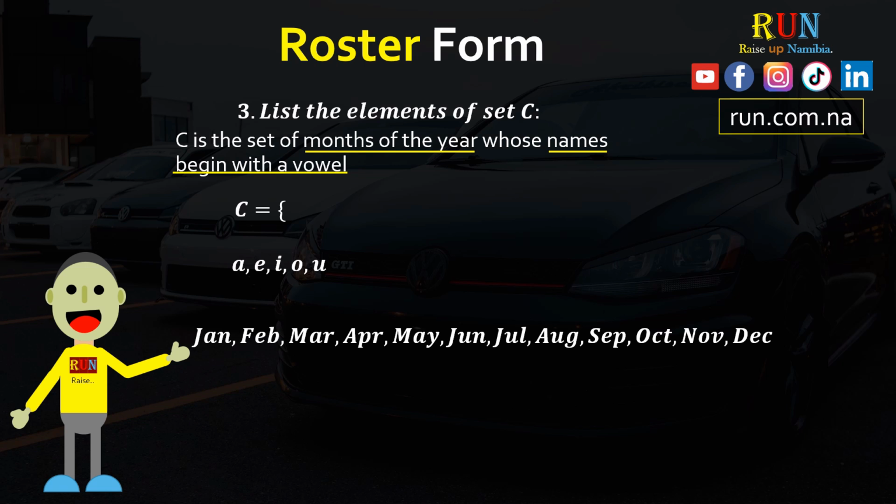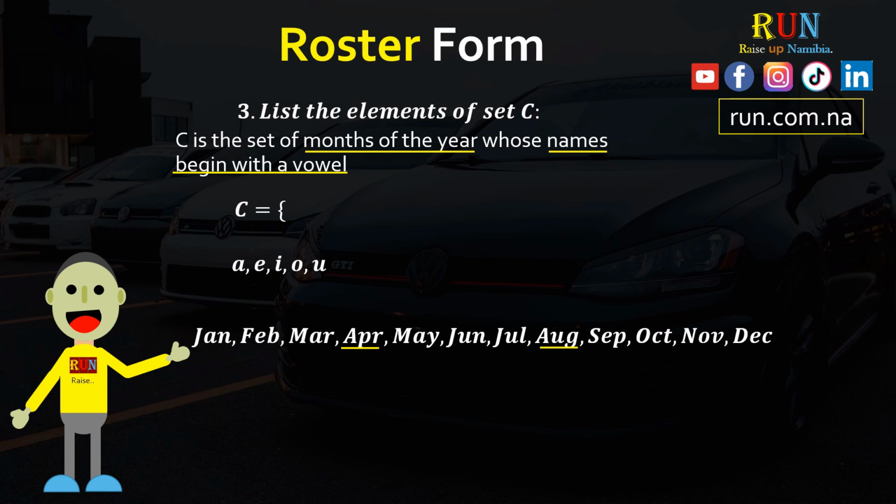Now you ask yourself, looking at the vowels and the months of the year, is there any month that starts with an A? Yes, there is April, and then there is August. Is there any month that starts with an E? No, there is none. Is there any month that starts with an I?